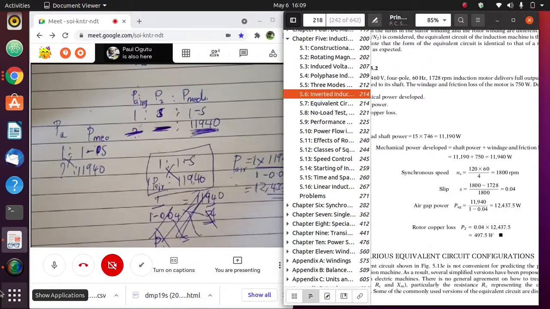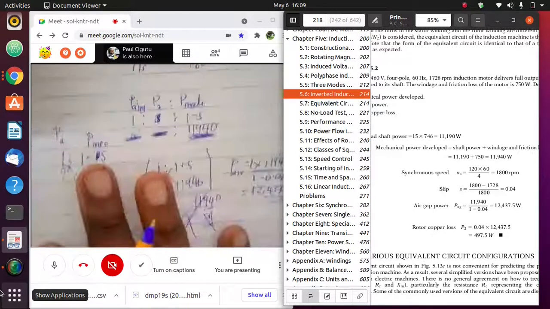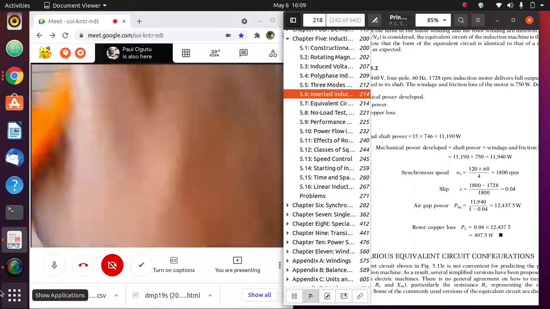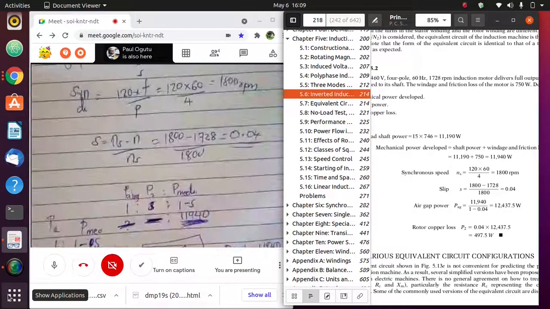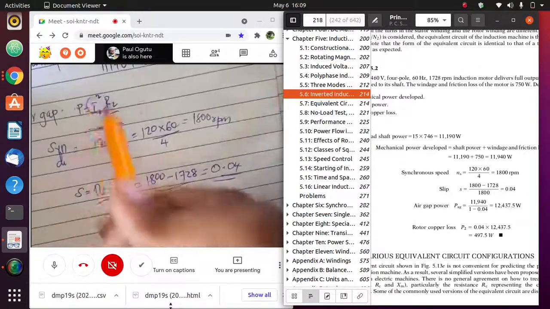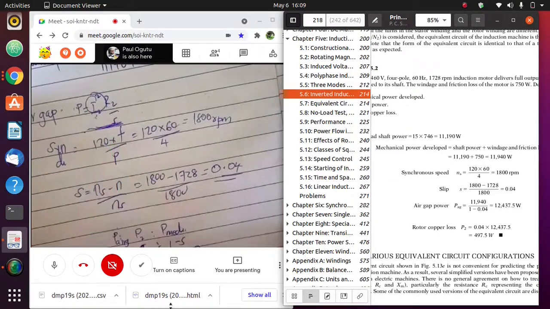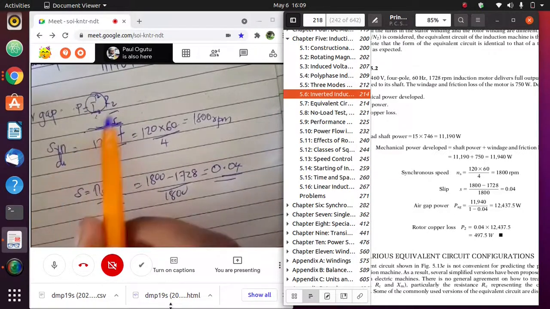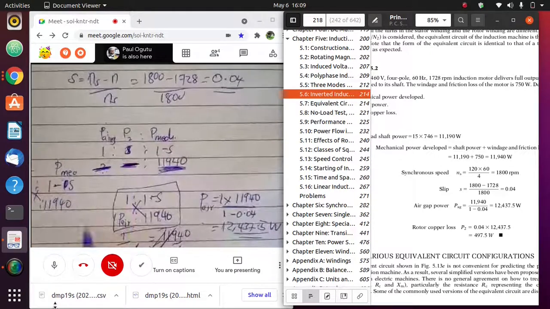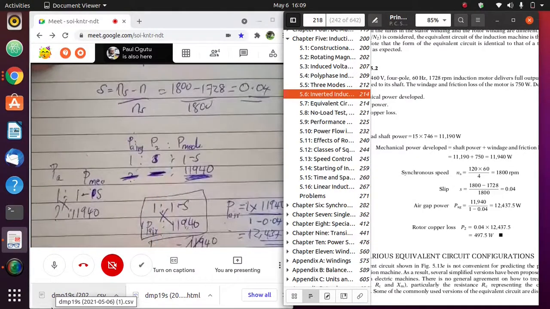No question. You only need the ratios there. But when we do it like this, where is this formula? This formula over here, we can't use it because we don't have the value of I2 squared. We don't have the value of the current, so what we use is these ratios to help us determine the mechanical power.